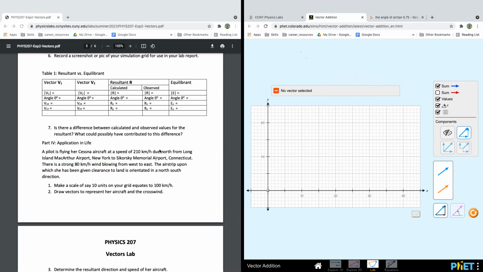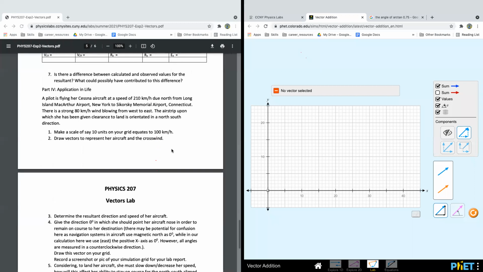Okay, so the second part is to apply these vectors in real life. A pilot is flying her flight at the speed of 210 kilometers per hour due north. My habit when I read any math or physics problem is to draw on the side.